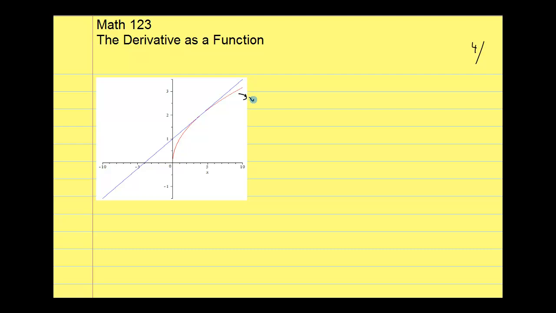So here's y equals square root of x, and here's the tangent line, and it does look like a tangent line, so I think we're on the right track here. And the tangent line was y equals 1/4 x plus 1, and it's supposed to be tangent at 4. Goes straight up here, and that looks reasonable. In fact, it's tangent at the ordered pair (4, 2). So you can look at these in Maple as well to check and see what's going on here.